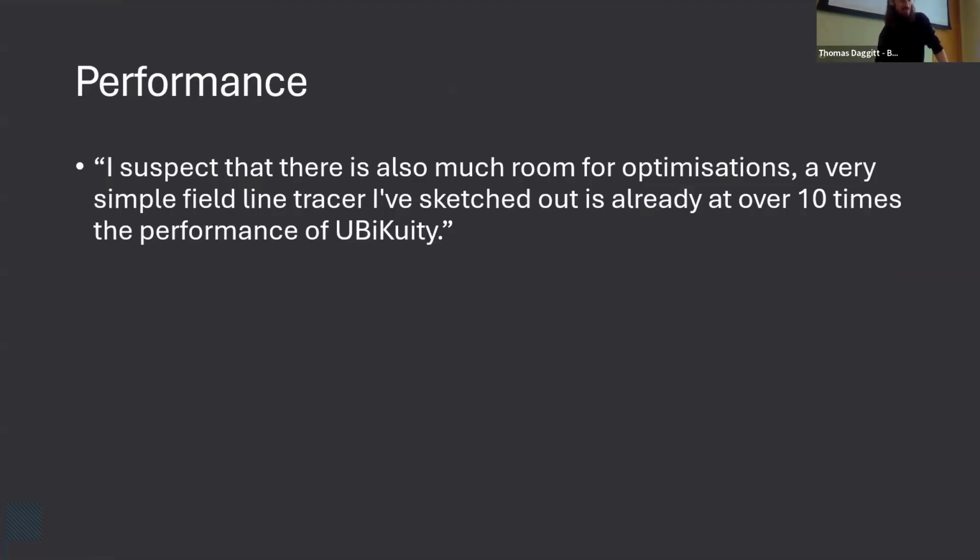But it's also great news, because if I can get a 10 times speed up from a master's student who's been working on it for a week, then what can I do if I stop and think about it for the next few months, or if he stops and thinks about it for the next few months? So, to salve my own ego, I'll say that I haven't thought that much about performance so far.